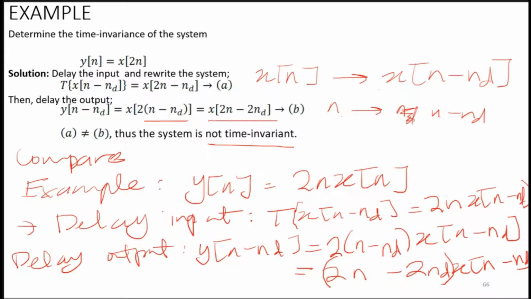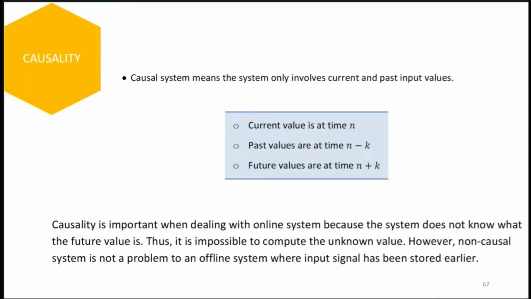Now the next property is causality. Causality means that the system only involves current and past input values, so past values at time n minus k, and at n. So this is causal.